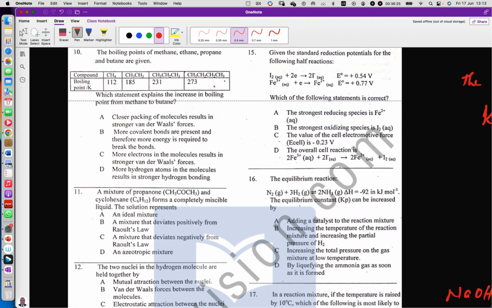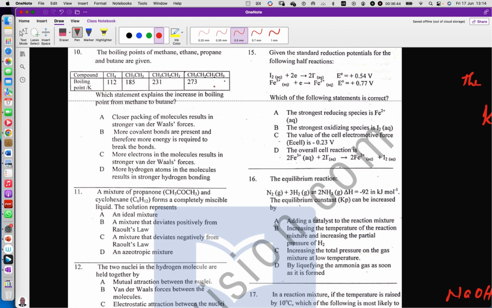The more the number of induced dipole attractions, the stronger the forces. The stronger the forces, the more energy is required to overcome the forces. So what causes them?